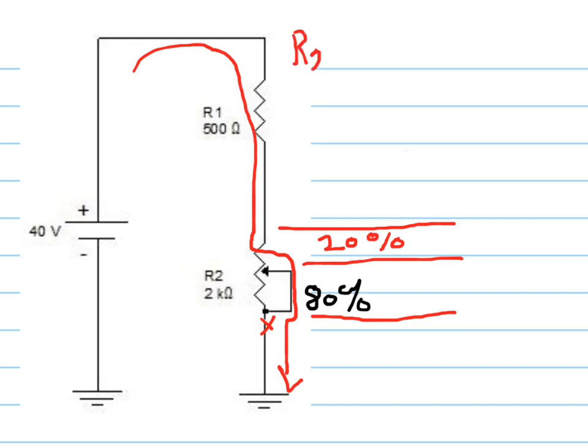So effectively, R2 has a value equal to 20% of the 2000 ohms.